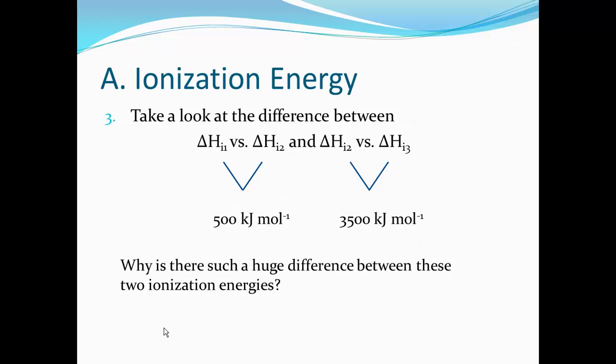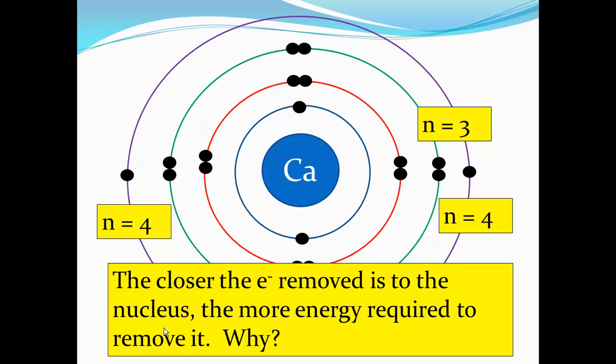Between 2 and 3, huge difference. So why such a large difference between these two ionization energies is because of that outer shell. Once you get to a full shell, it takes a lot more energy to remove. So it's easy to tell where on the periodic table an element is based on its ionization energies.